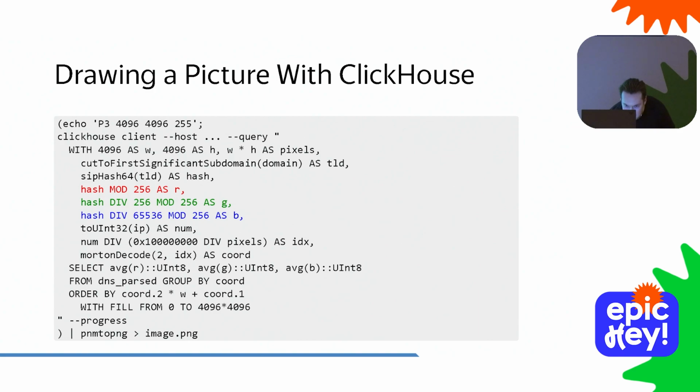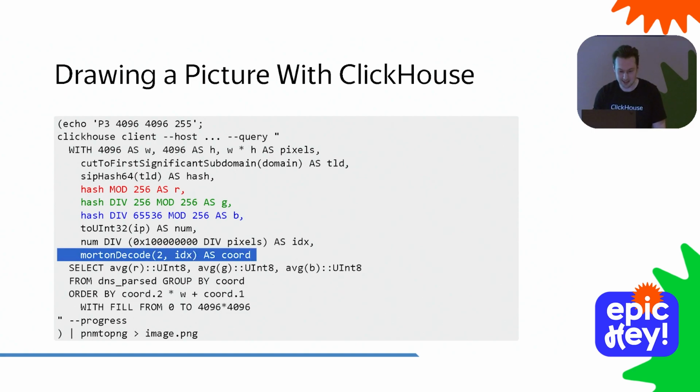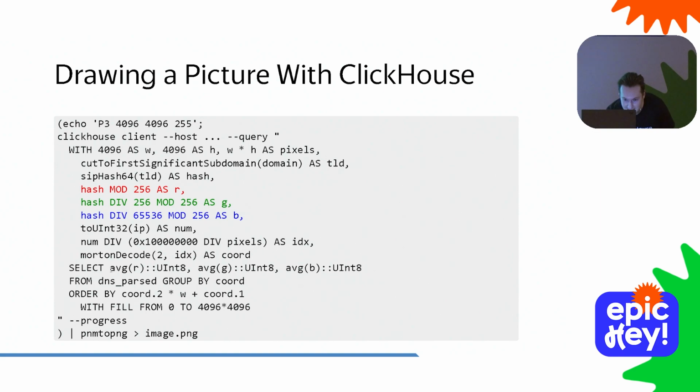Then I will get the IP address as a number, and I will decode this number into two coordinates using this function. And this function is calculating the space-filling curve. Then I will aggregate the columns by averaging them there.